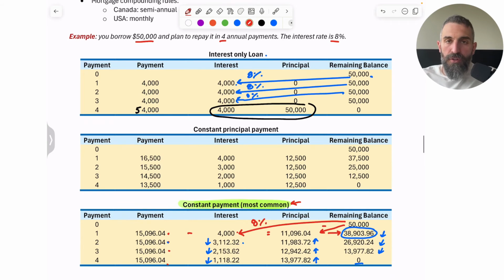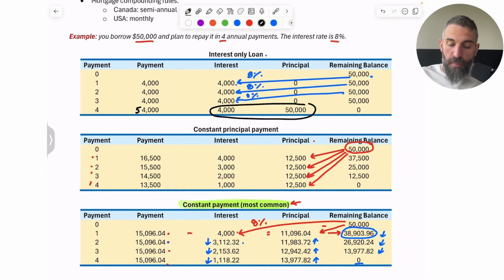Another one that's also pretty rare is still a blended payment, so where you have an interest and a principal portion, but where it's the principal payment that's constant. Super rare. Like, never go to this unless they specifically said you're using a constant principal. Now, the way this works is you take the amount that you borrow and you divide it equally into however many payments. So if you have 1, 2, 3, 4 payments and you divide this by 4, basically you're saying you're going to pay off 1/4 of that every year.